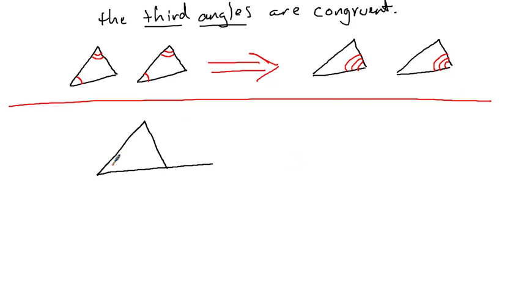So we're going to have angle 1, angle 2, angle 3, and then this angle will be angle 4. So there's 3 kinds of angles here. There are interior angles. Those are angle 1, angle 2, and angle 3.